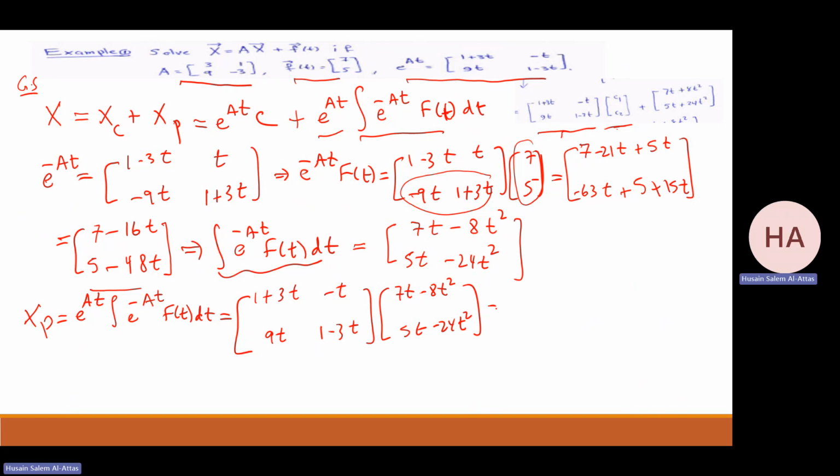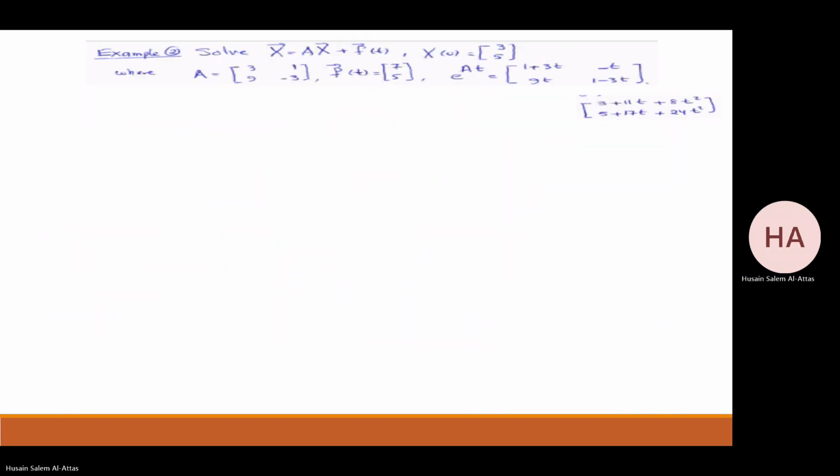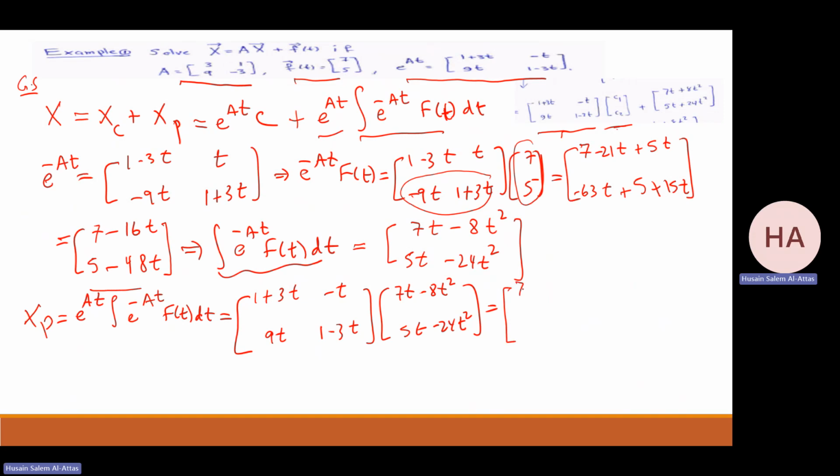Yeah, let me see what will happen. Yeah, that will be what? 7t, okay, plus 21t squared. I need more space. So I need to multiply this by this.